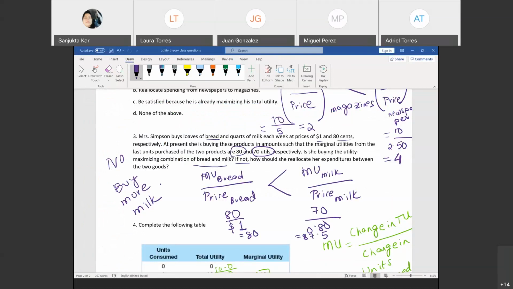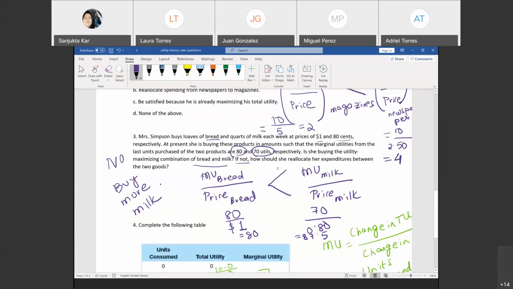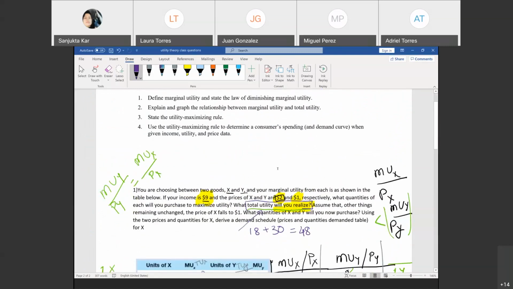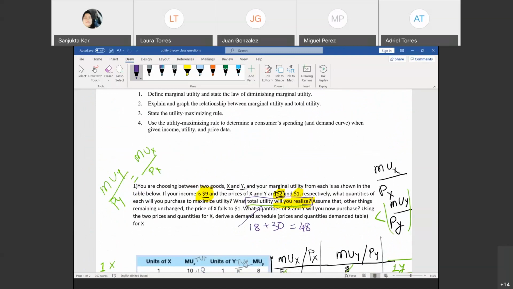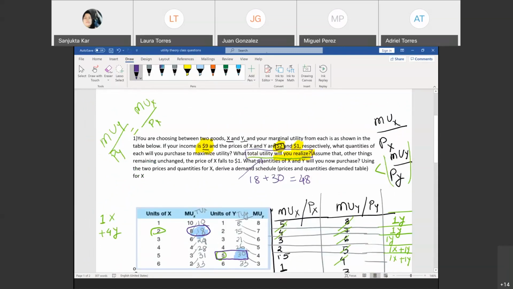Let me stop sharing and share this one here. We solved most of the problems except one part. What's the part that we did not solve? We did till this part here.